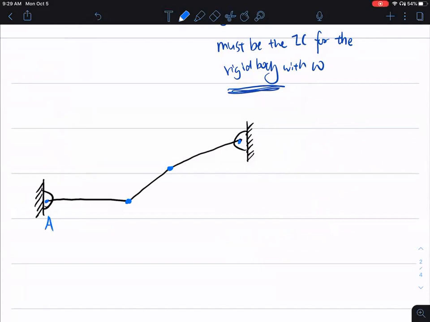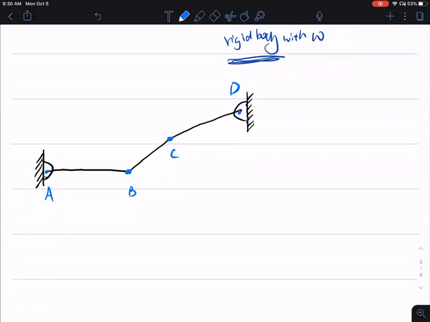Let's call the points A, B, C, and D. Both AB and CD are pinned. AB is pinned at point A, and CD is pinned at point D. Now you have a couple of minutes, maybe 4 minutes, to find the instant center for each rigid body.